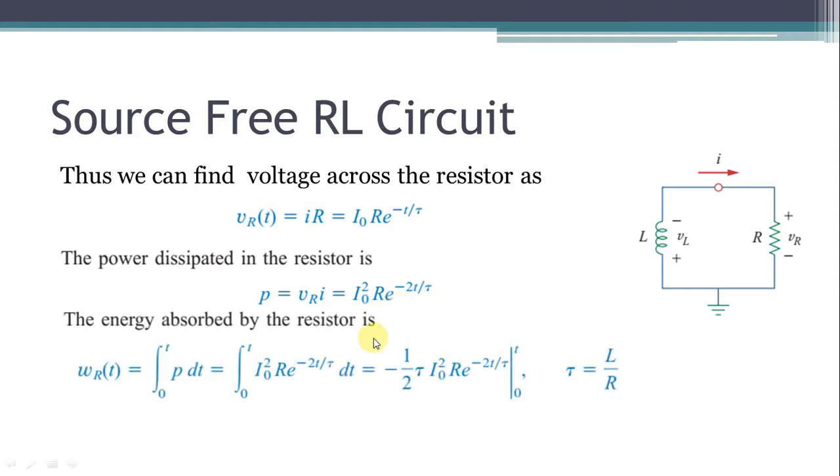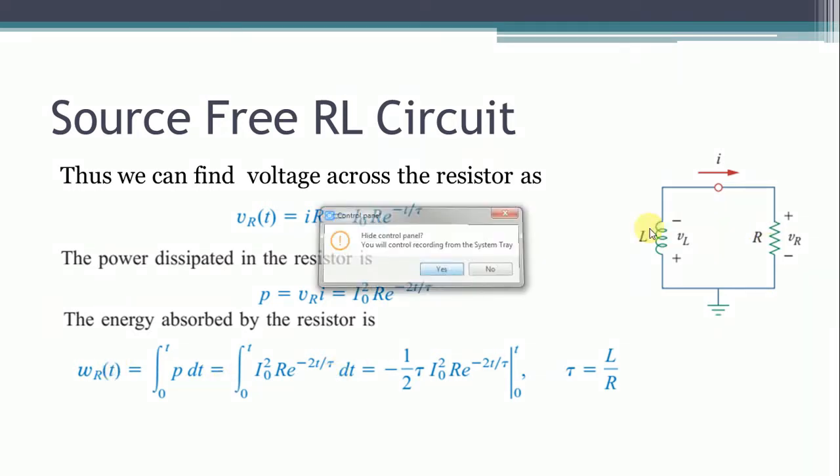So the energy absorbed by the resistor can be found through this equation: the energy of the resistor at any time is the integral from 0 to t of p dt. So the integration of power over all the time is the energy dissipated in the resistor.